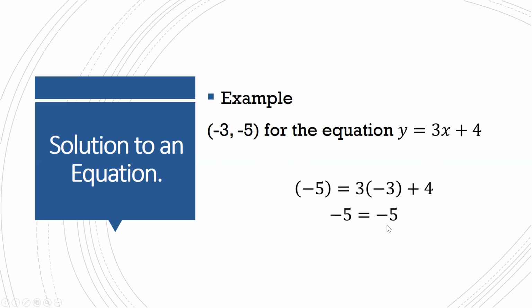That's obviously a true statement. So that point is a solution to this linear equation. Whenever we write points, we write them x, comma, y, if we're dealing with variables x and y.